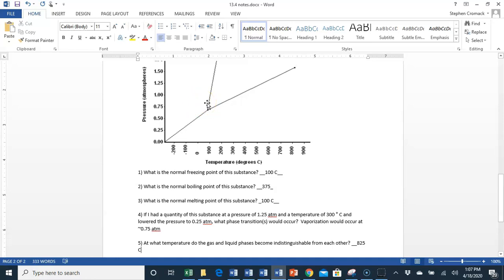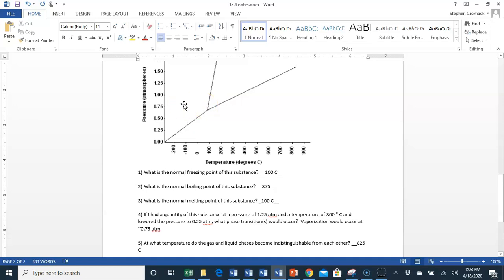We're going to go across the solid-liquid line, basically right at 100, and then if we keep going, very shortly after, we're going to cross the liquid-to-gas line, and I'd say that happens below 200. So let's call that 175.